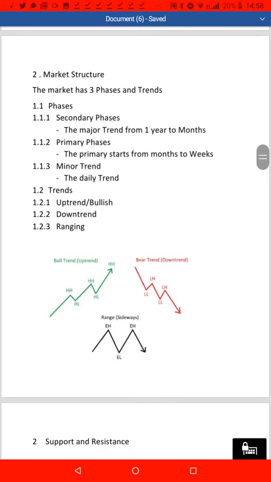The market has 3 phases and 3 trends. You must also understand the phases. Then we have the secondary phase, which is the major trend from 1 year to 6 months, meaning you must check where the market started.